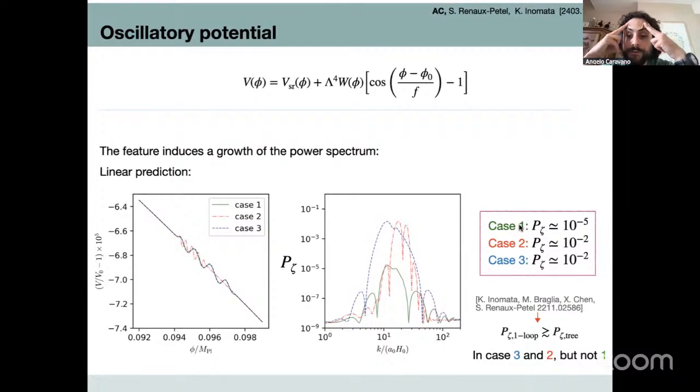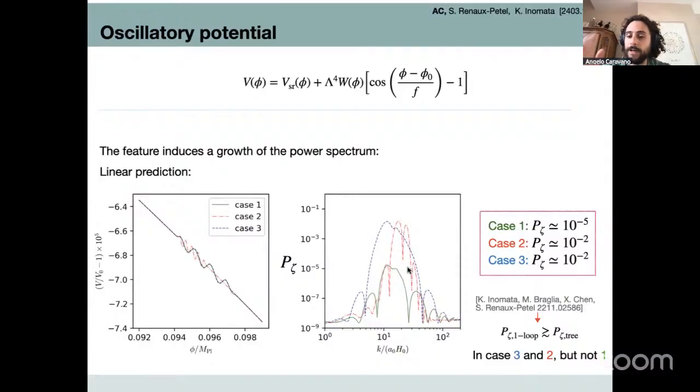But in cases 2 and 3, this is not the case. The loop correction starts to be of similar size. Again, it's a very subtle issue to estimate these loop corrections, and there's a huge debate in the literature. But in cases 2 and 3, it seems that these loop corrections might create some problem for the perturbativity of this system. And this is why we decided to pick this particular model to make the simulation.